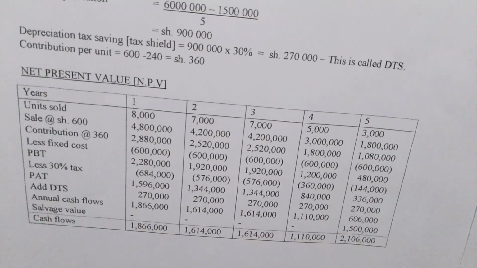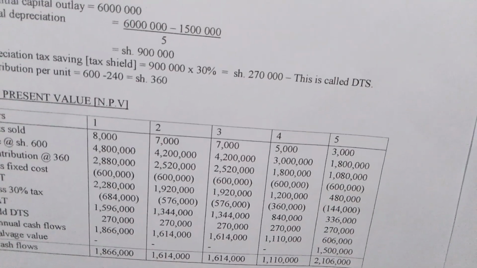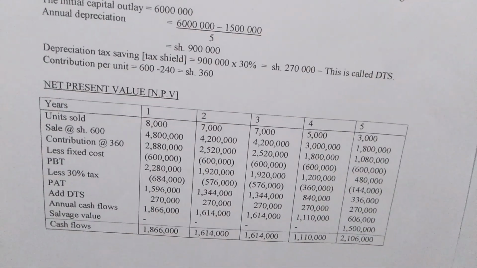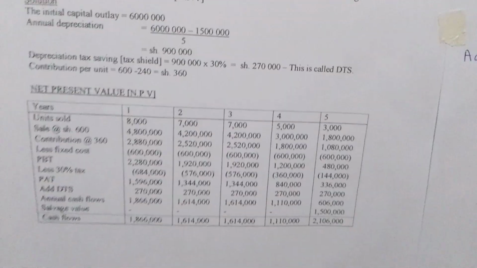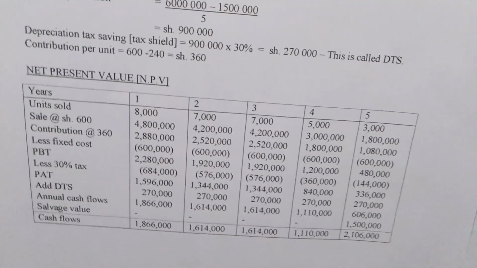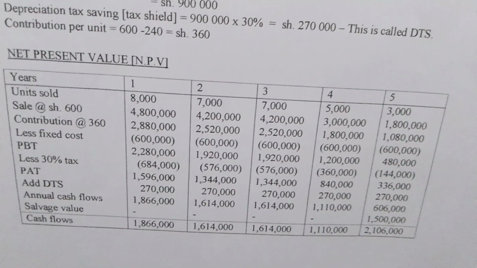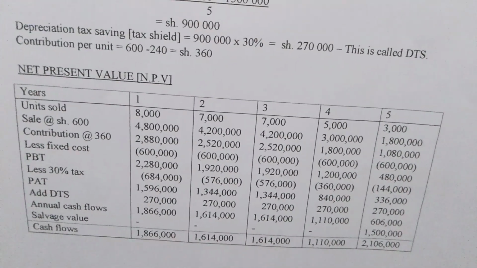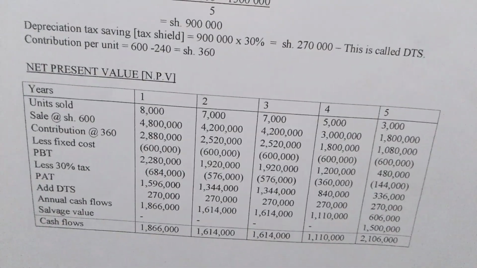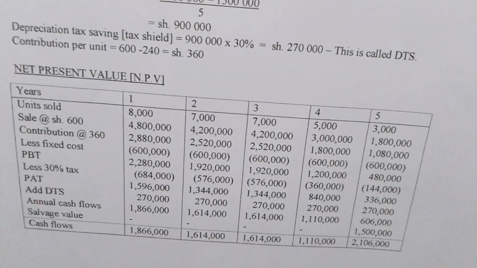And once you have gotten those cash flows, the next thing is to calculate the present value using those cash flows. What will be the present value of these cash flows which we have calculated? Now, what we should know is how to calculate the present value interest factor.